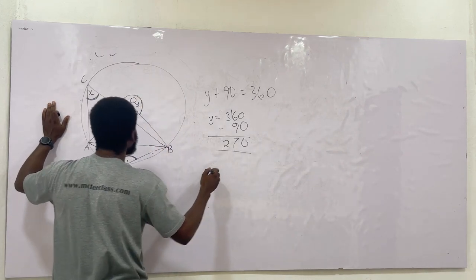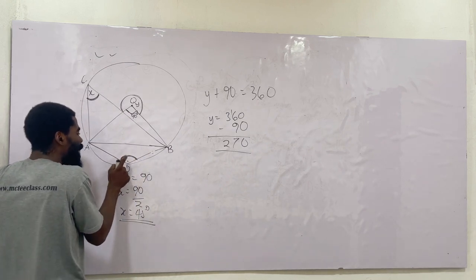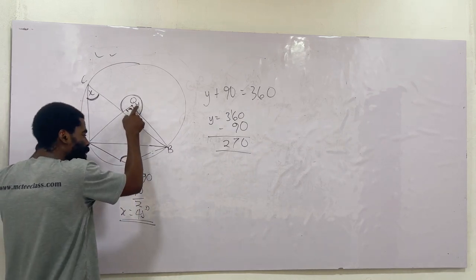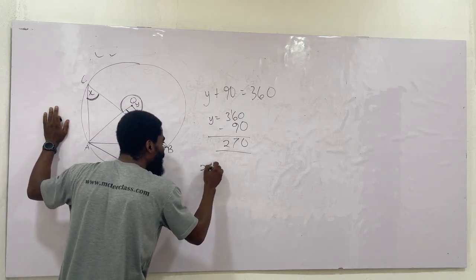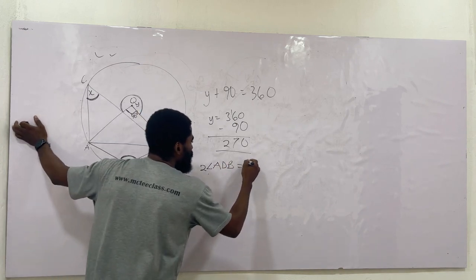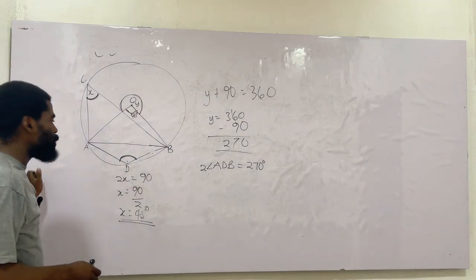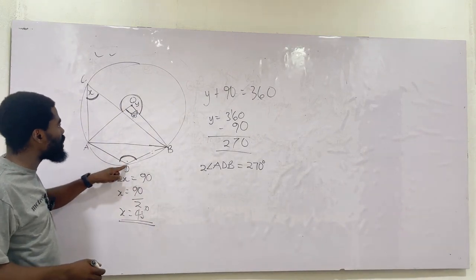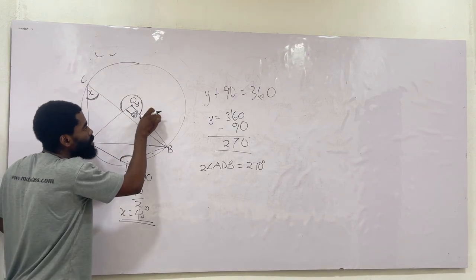Since the reflex angle is 270, we once again know that 2 times the angle at the circumference equals the one at the center. So we'll say that 2 times angle ADB equals 270 degrees. We know this: 2 times the angle at the circumference equals the one at the center. We are looking at this and that. Good.